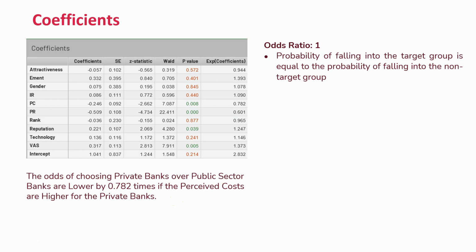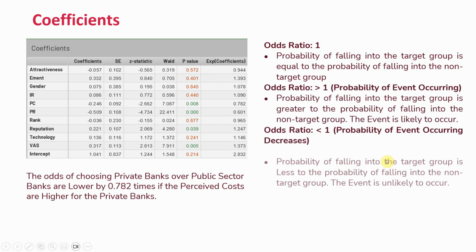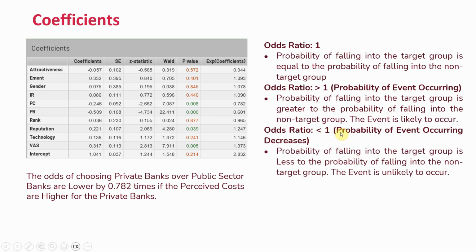So when you increase the perceived risk, there is lesser chance that people will go for the category or the target group. That is, odds ratio is less than 1. So the probability of falling into the target group is less to the probability of falling into the non-target group. So the people may not choose private banks and they may go for the other types of banks, let's say public sector banks, because the probability or the odds ratio is less than 1.